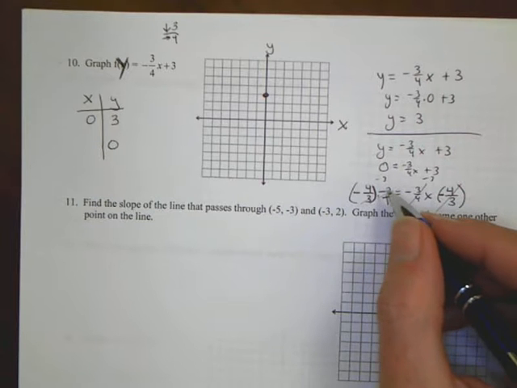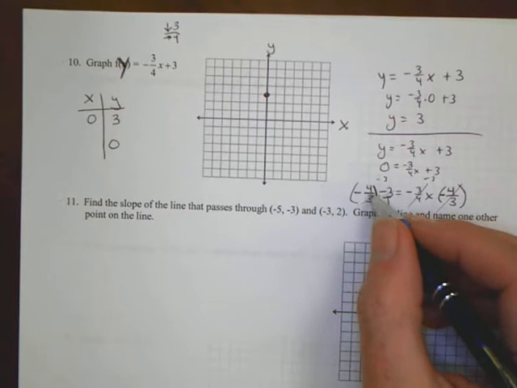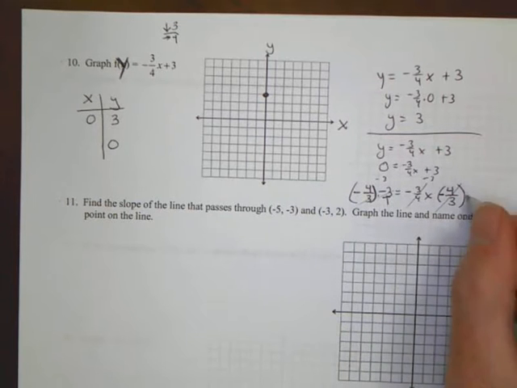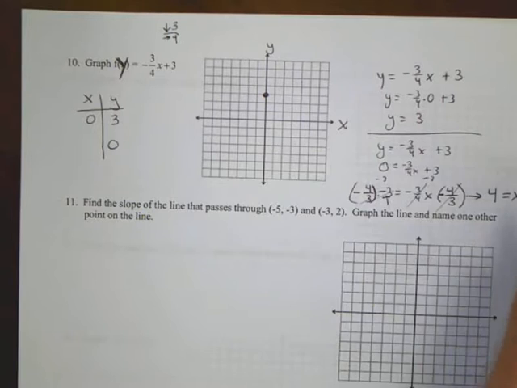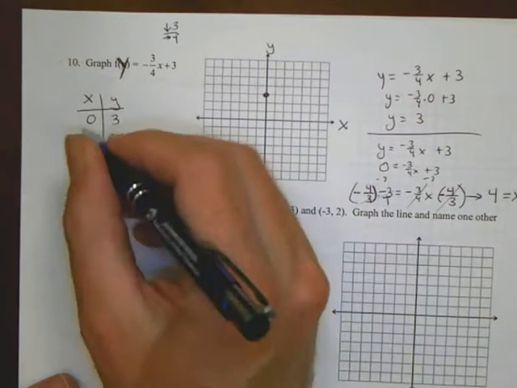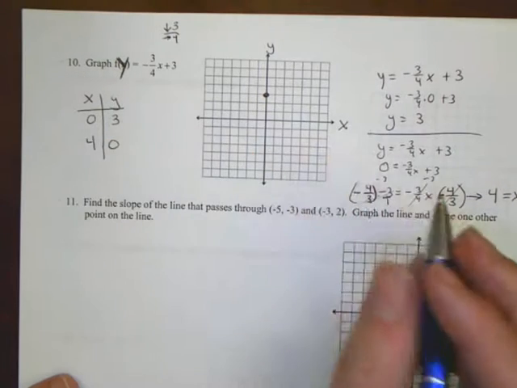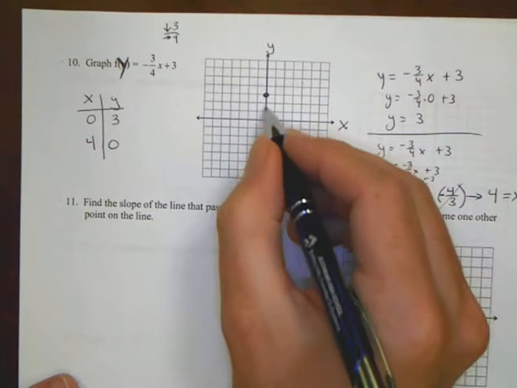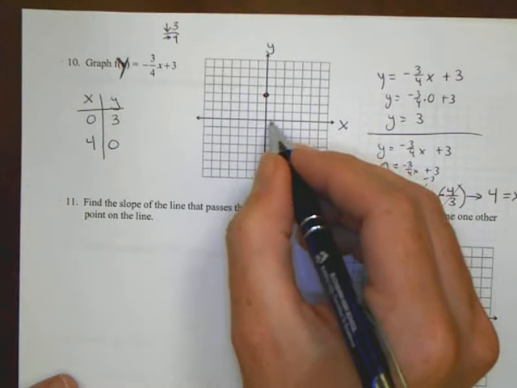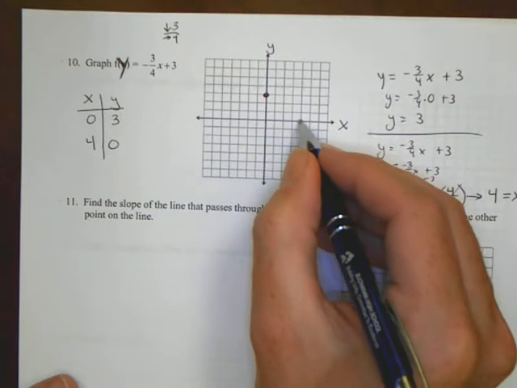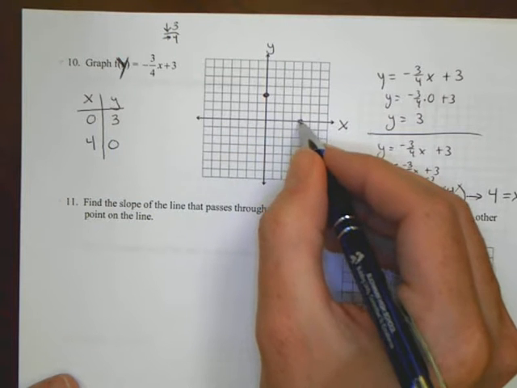And I'm left with a negative 4 times a negative 1, which is positive 4 equals x. So when y equals 0, x equals 4. And here's my point, 1, 2, 3, 4, my value is (4, 0).